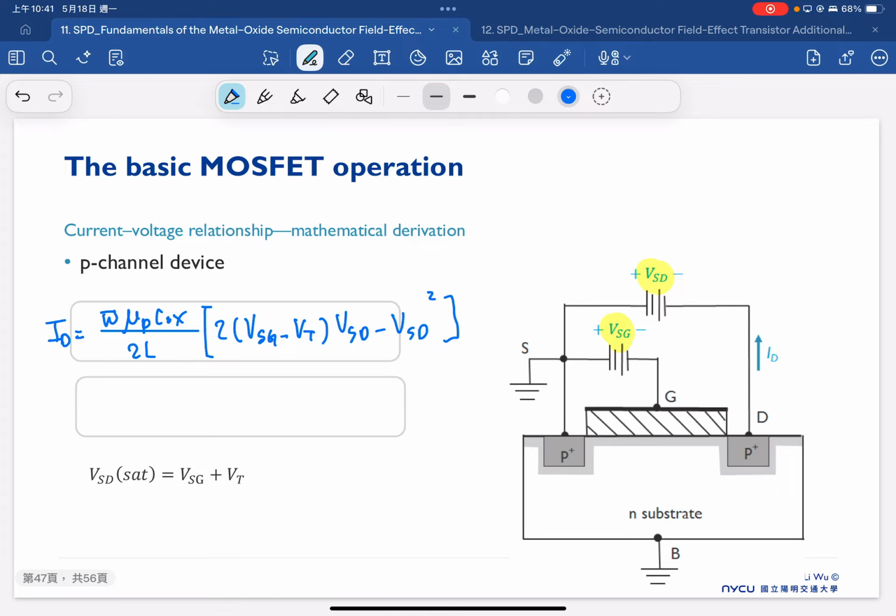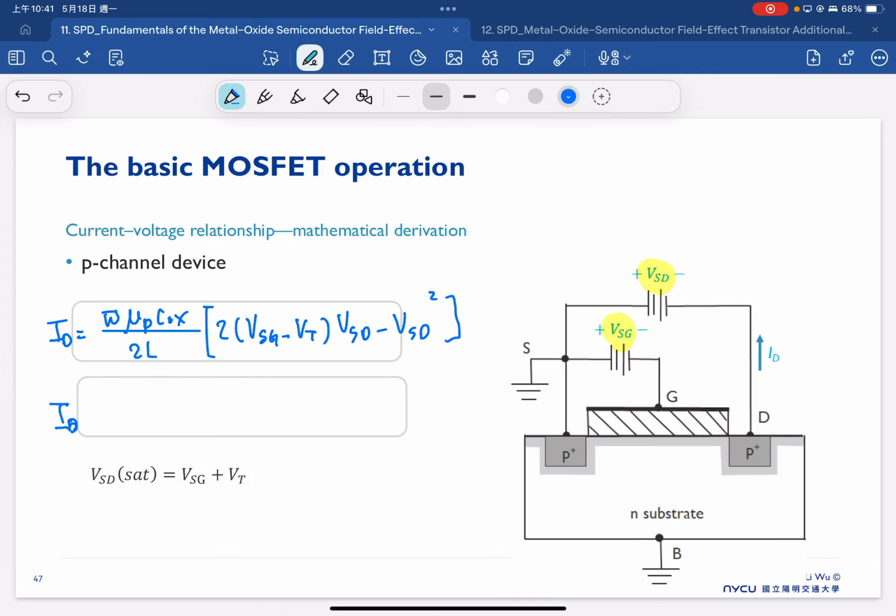And for the saturation region, it is equal to W mu p Cox over 2L times (VSG minus VT) squared. So that's ID sat. It's very similar, just put VSD and VSG here.